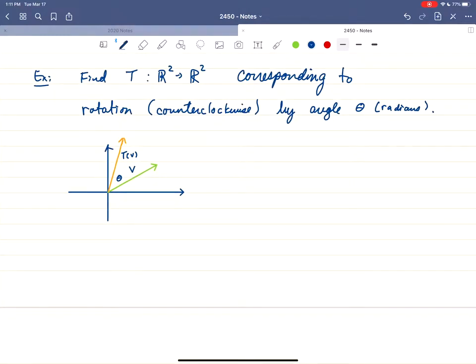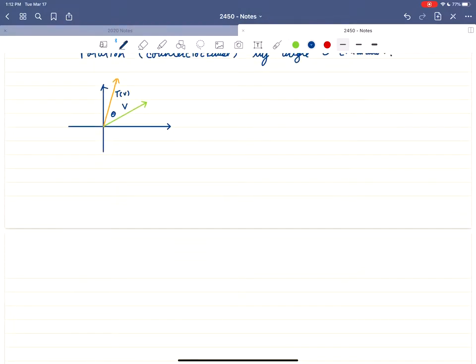So, quick correction there, a typo from last time. I want you to think about what this angle is going to be. If I have some angle theta, how am I going to figure out the transformation corresponding to rotation by that angle in a counterclockwise manner? Hopefully you know that all we really need to figure out is the output vectors of (1, 0).